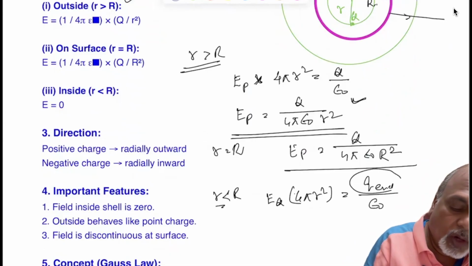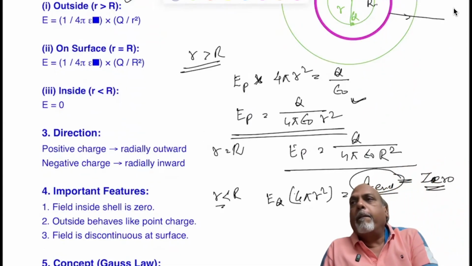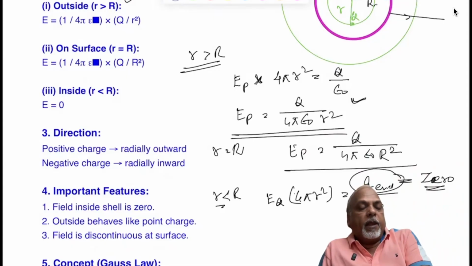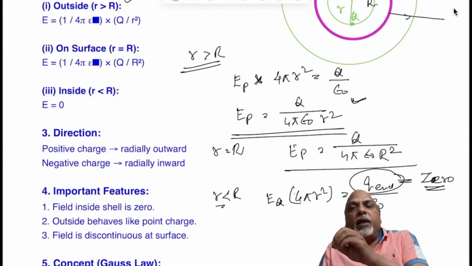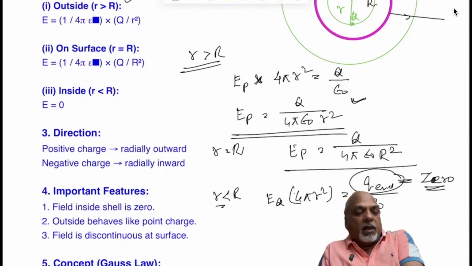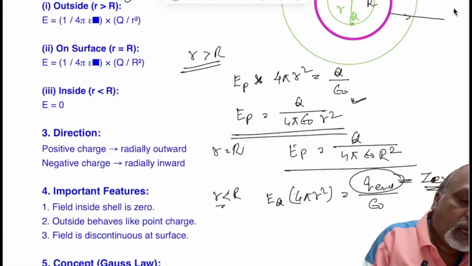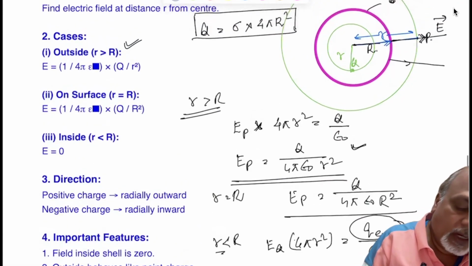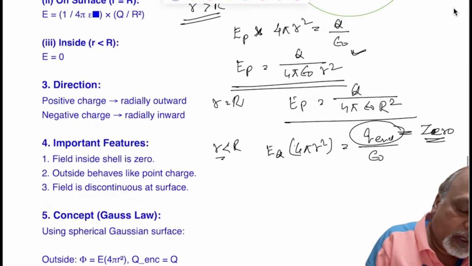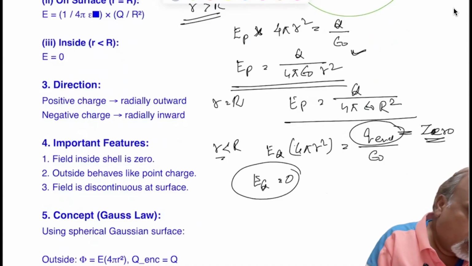But this quantity is 0 because there is no charge inside this Gaussian surface. All the charges are at the surface of the shell, not inside the shell. Then what will happen? That means inside the shell, your electric field is 0. The field inside the shell is 0.